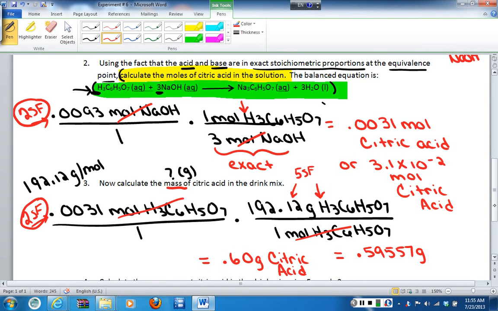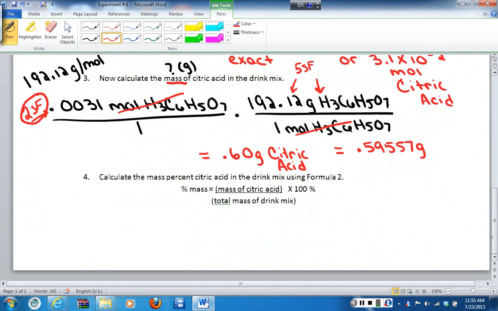Now, if we move on to the last part of this question, it asks us to calculate the mass percent of citric acid in the drink mix using the formula given below. We have the mass of citric acid. Now, do we have the total mass of the drink mix? If you look at the original question at the beginning, we have that as well. So we have both of these, and we simply need to divide in order to obtain the percent citric acid in the drink mix.